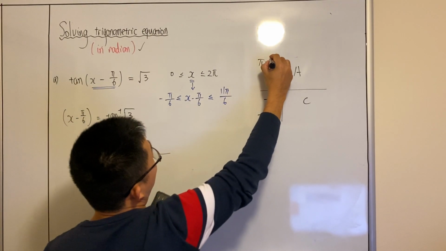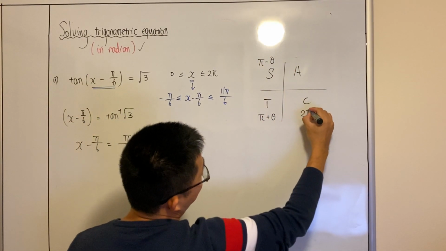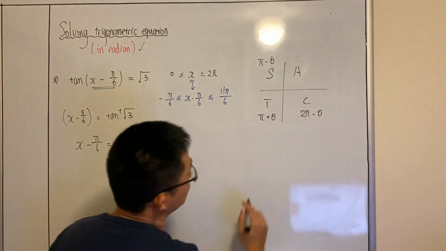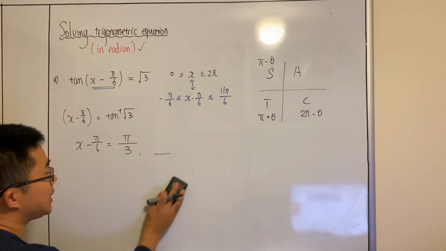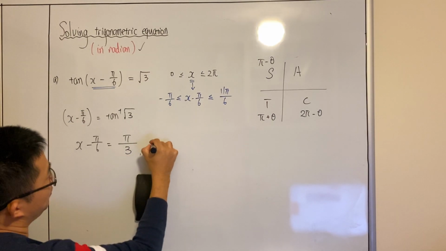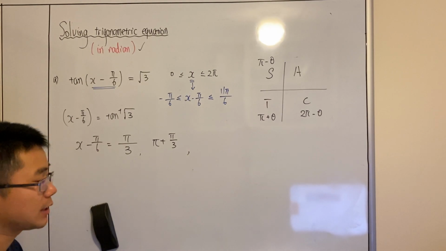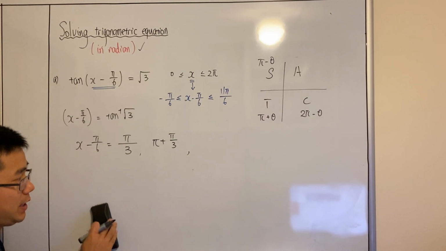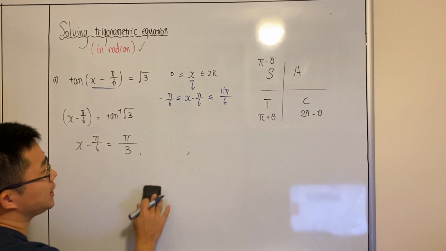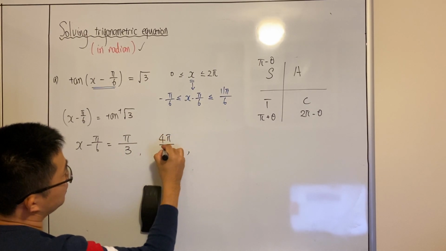For sine it's pi minus theta, and for cosine it's 2 pi minus theta. So the second angle would be pi plus pi on 3. What's pi plus pi on 3? It's 4 pi on 3.